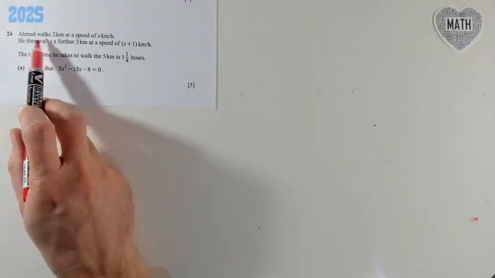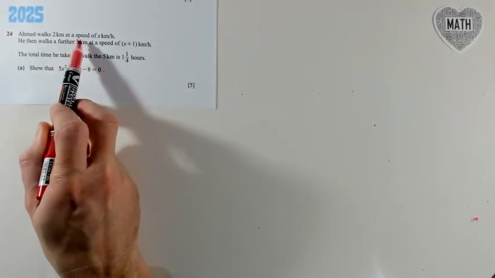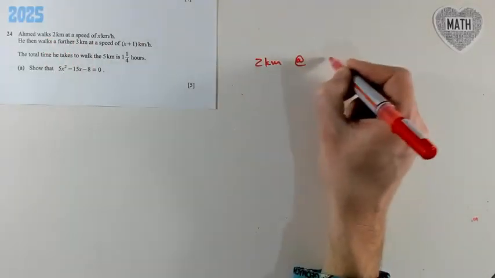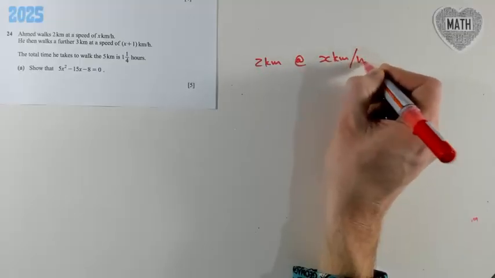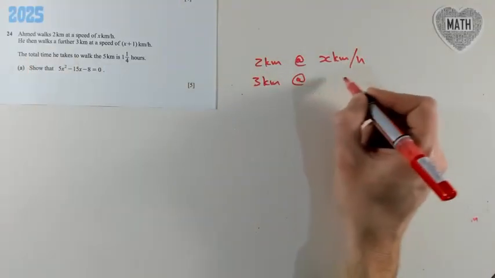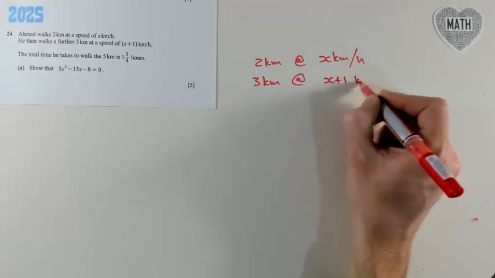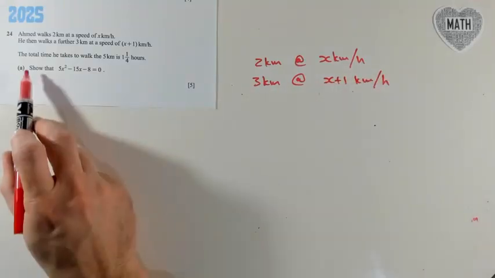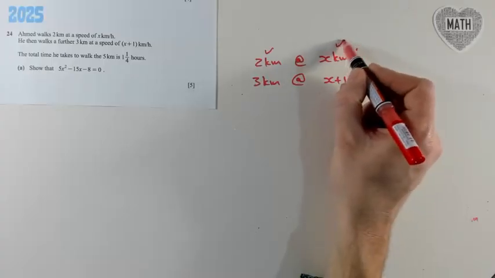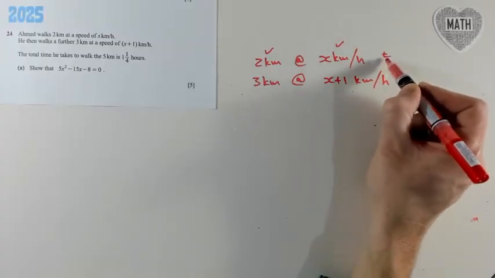So we have someone walking 2 kilometers at a speed of X. So he's doing 2 kilometers at X kilometers per hour, and then another 3 kilometers at X plus 1 kilometers per hour, and they're saying the total time. So this is a distance, that's a speed, so I should be able to work out a time.